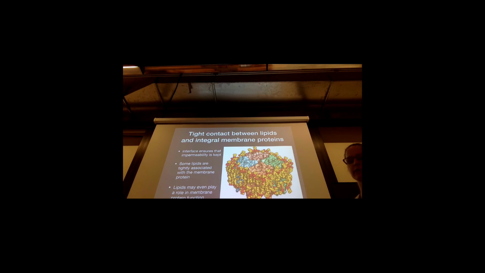Okay, so related to the function, I was telling you before that the membrane has to isolate mostly whatever happens in the cell from what happens outside of the cell. And I've told you that this is a dynamic assembly, right? Now, if you think about it, we don't want chemicals to spontaneously go through the membrane, which means that the membrane lipids and the protein have to be very tightly associated, right?